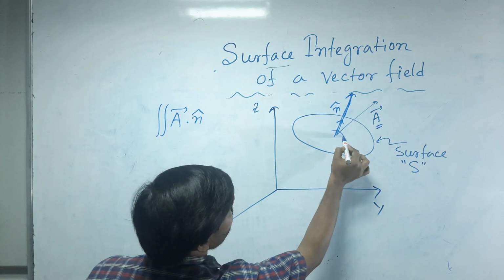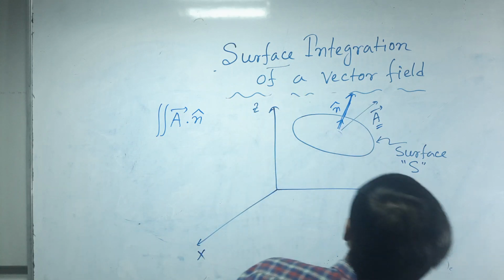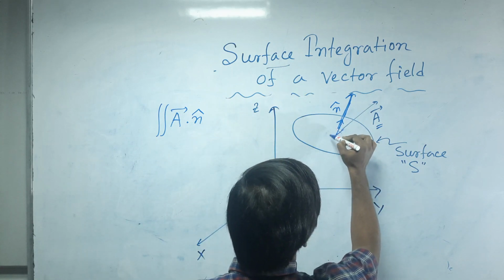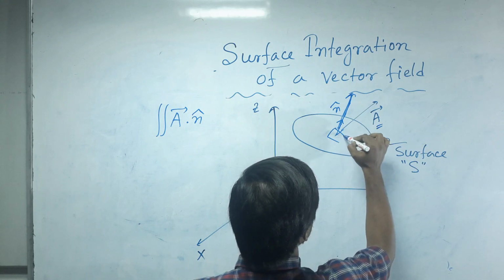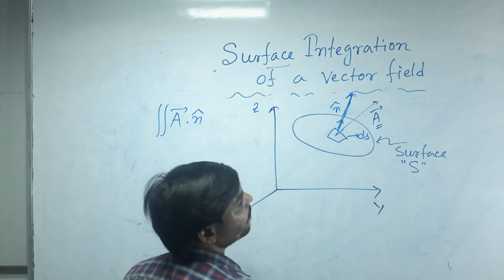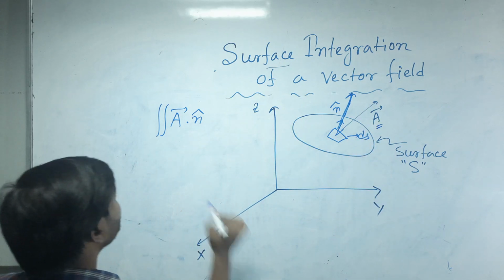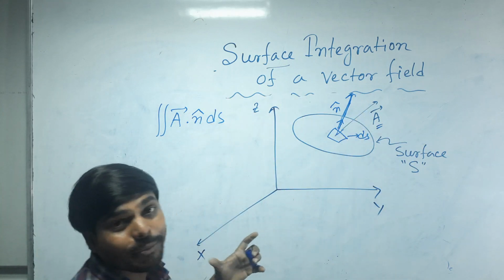And if we consider a small area, let's take this area here, this is dS. Is it clear? So A vector dot n cap dS is the surface integration of this A vector field.